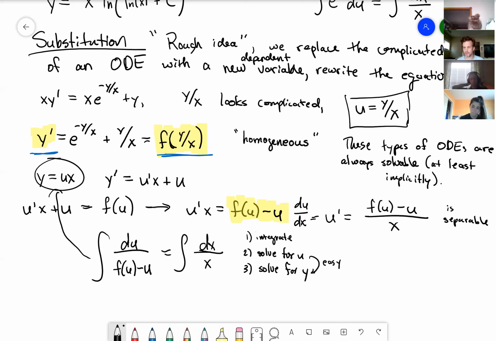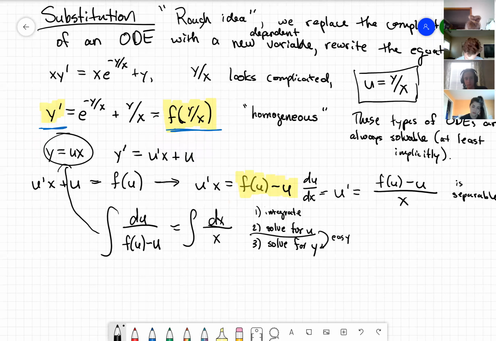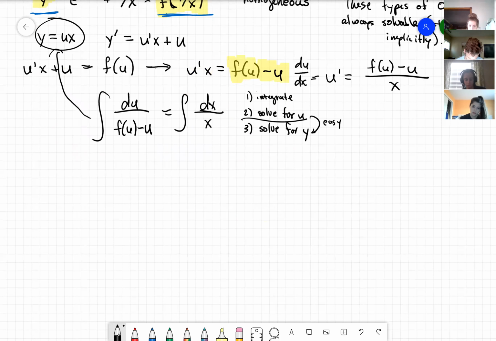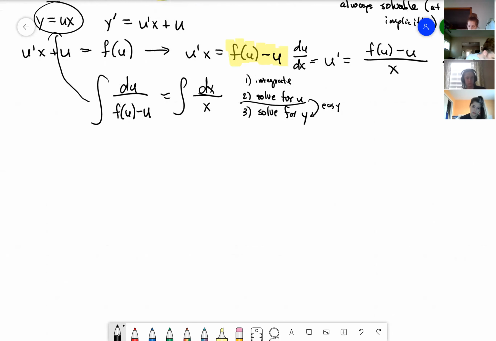Typically, when we make these substitutions, we make them so that it's easy to go back to writing things in terms of y. So really, once we get to the point where we've solved for u, we'll consider we're pretty much done. It's just a matter of rewriting it in terms of y. That's the easy part. Okay, so returning to our example, what did we have?